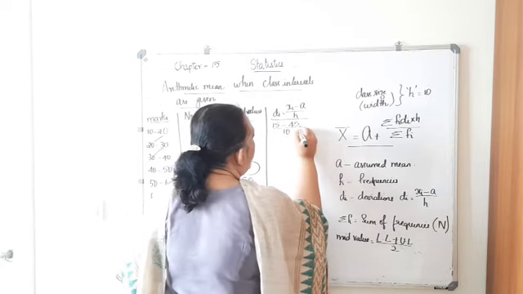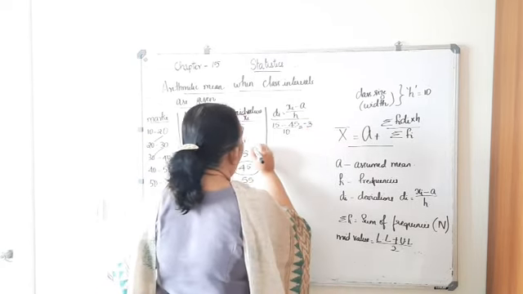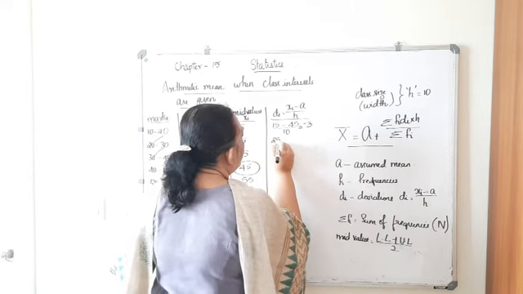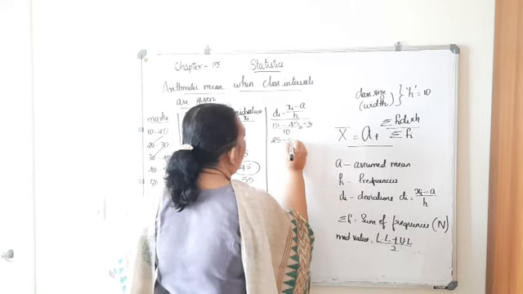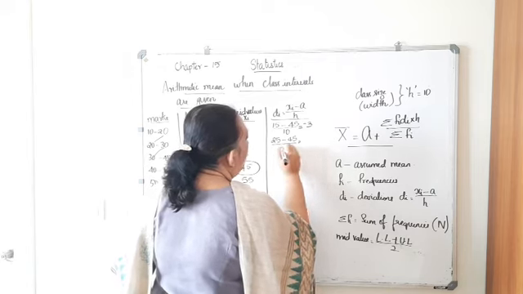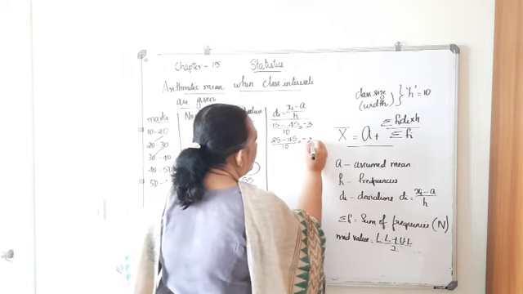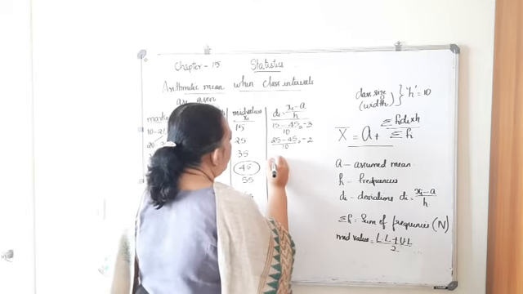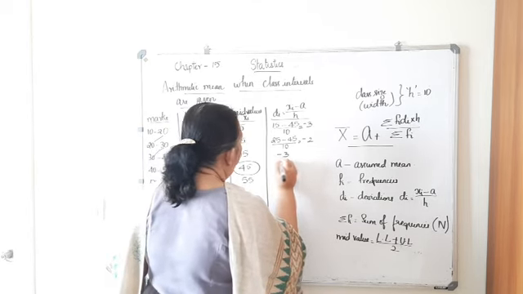Minus 30 by 10 is equal to minus 3. Next one is 25 minus 45 divided by 10, that is equal to minus 20 by 10. That gives you minus 2.